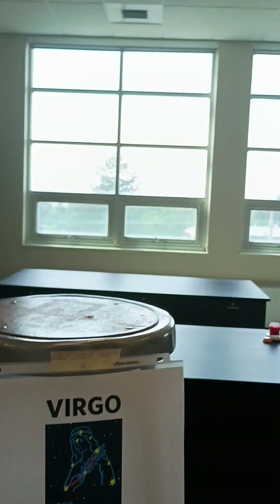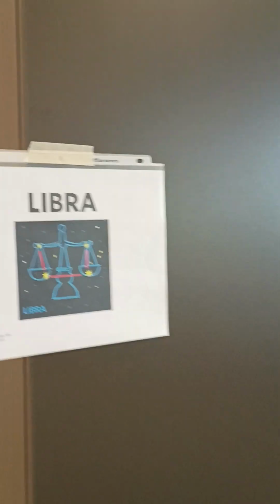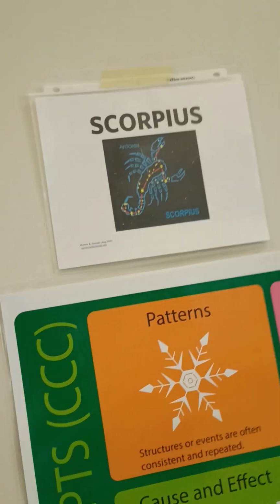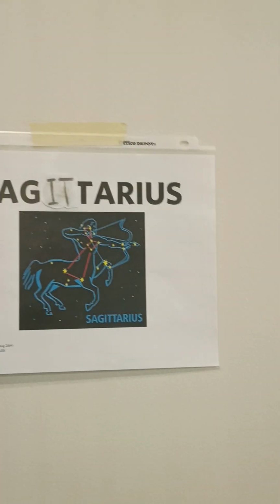So first of all, if you look around the room today, you will see that there are a number of constellations on display. We've got Virgo and Libra, and then Scorpio, or Scorpius, as it's called. Sagittarius.